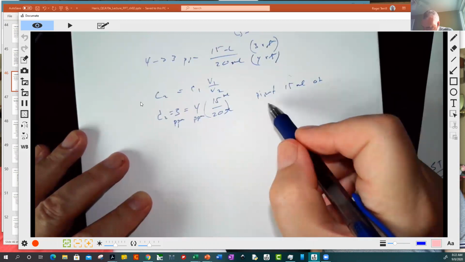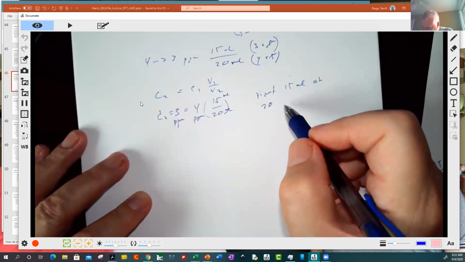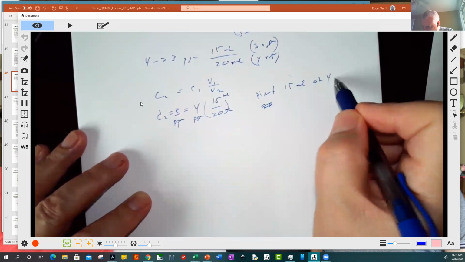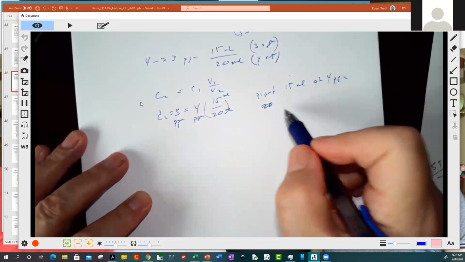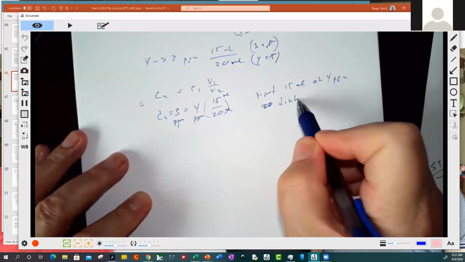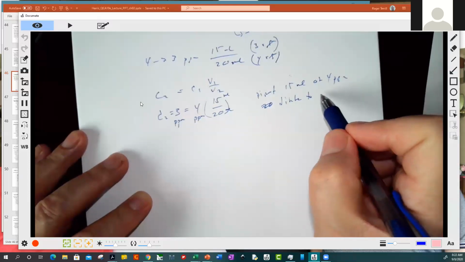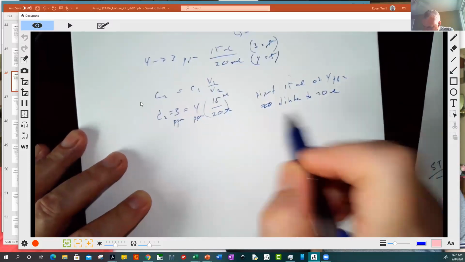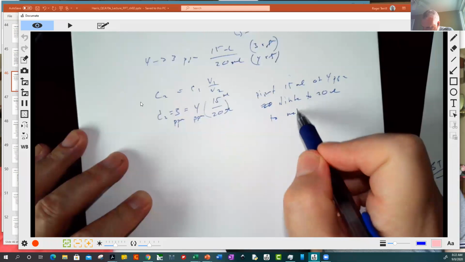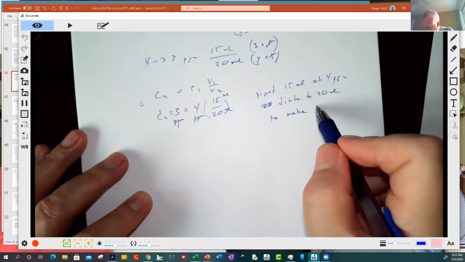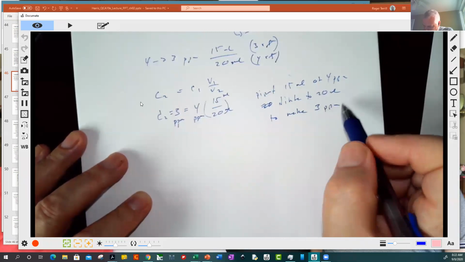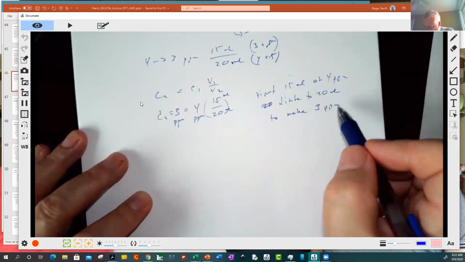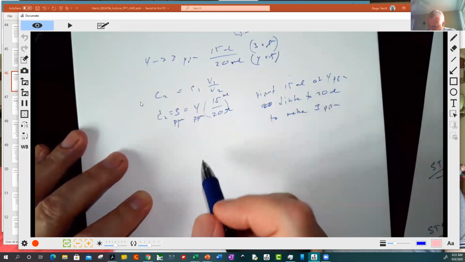No, 4 ppm, and dilute to 20 mLs to make 3 ppm. And so now we're going to have 20 mLs of 3 ppm.